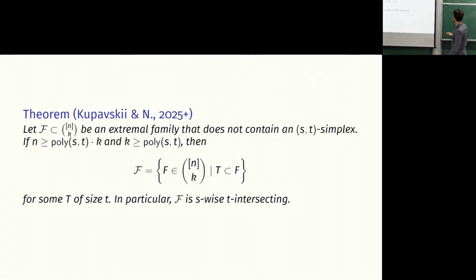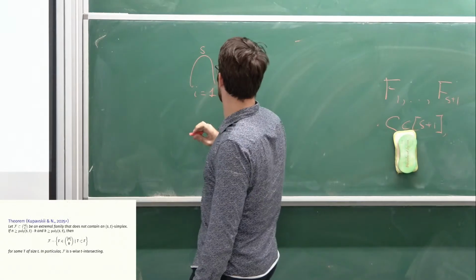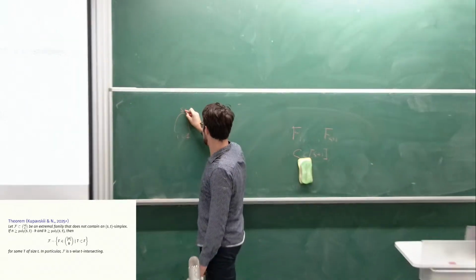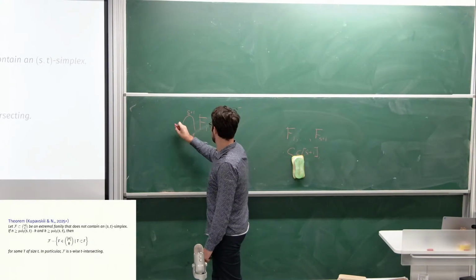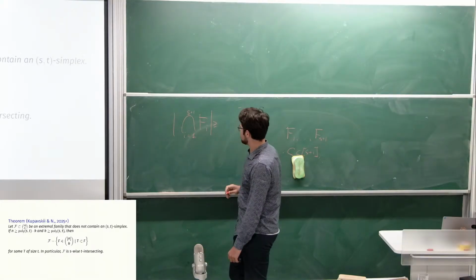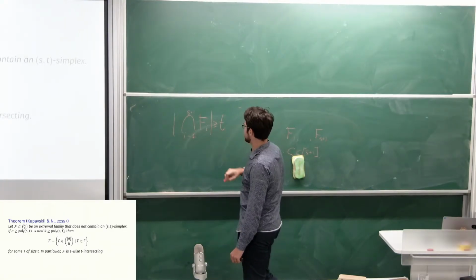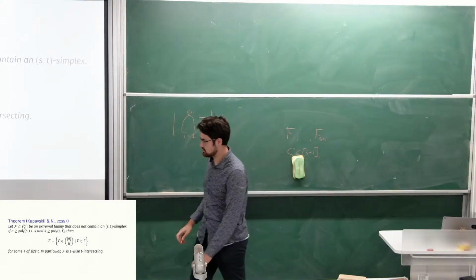So the answer is as we would require all intersections to have size at least T.